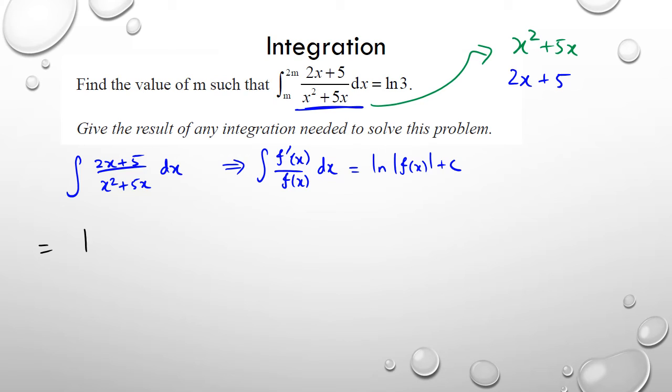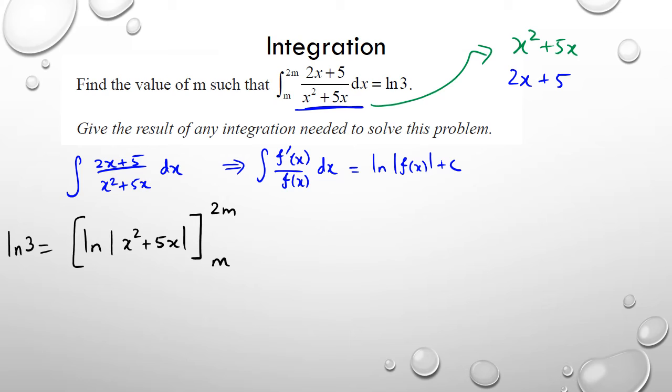I can write this straight away as ln of x squared plus 5x. And then this part here is between 2m and m. Okay? What it also tells you is that this equals ln of 3. So I can put ln of 3. And now I just need to figure out what the value for m is. And I think for integration, this part right here gets you an achieved. I know that for sure.